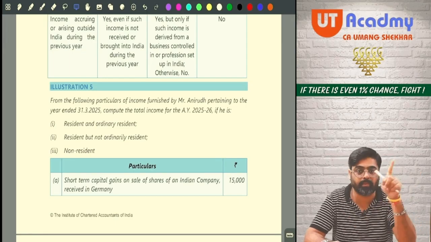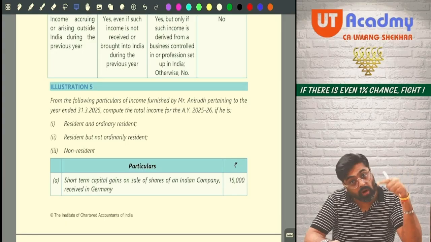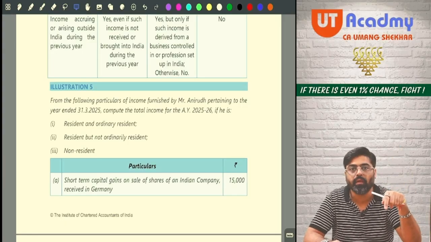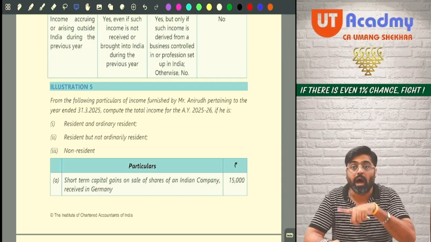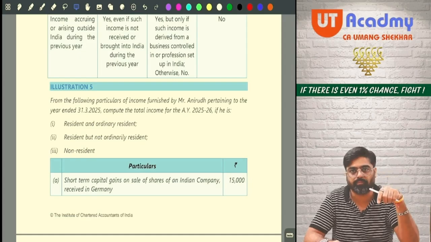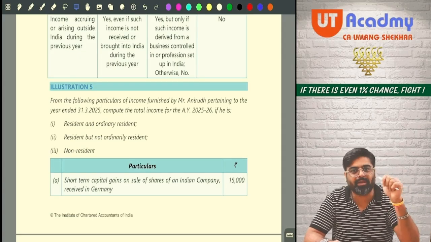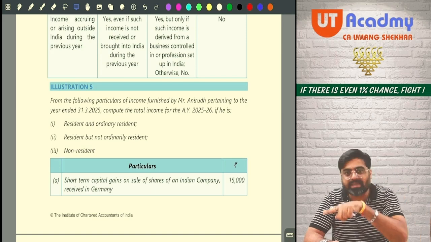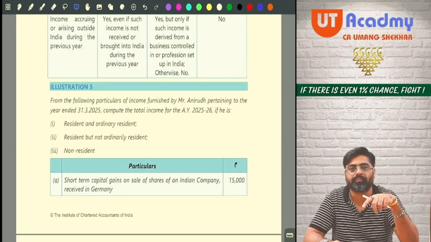How many incomes will be included in the computation of total income, and from that, what will be his total income? Now assume that his status is RNOR. How many incomes will be included? And from that, calculate his total income. Now assume the status to be non-resident. Which incomes will be included? And from that, calculate the total income.